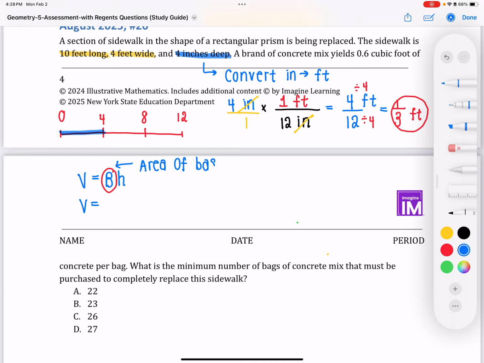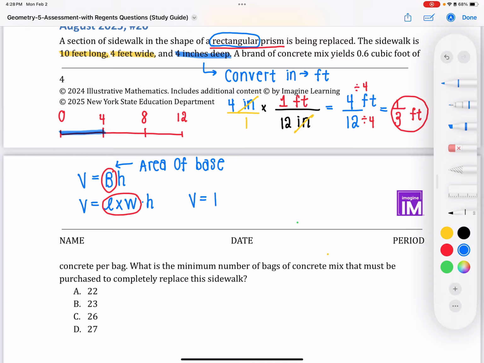And we know that the base is a rectangle because we said it was a rectangular prism. So area of a rectangle is just length times width. And really we multiply by the height. So we end up with length times width times height for a rectangular prism when we want to find the volume of it.